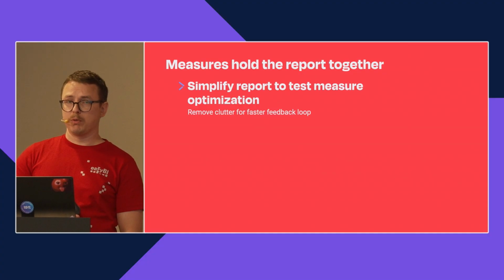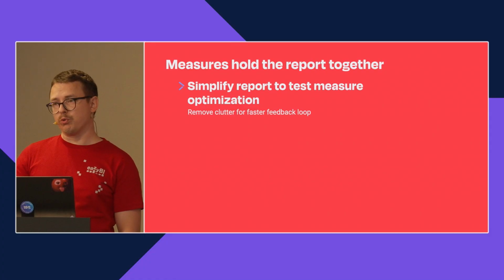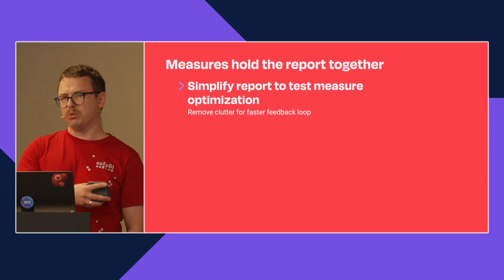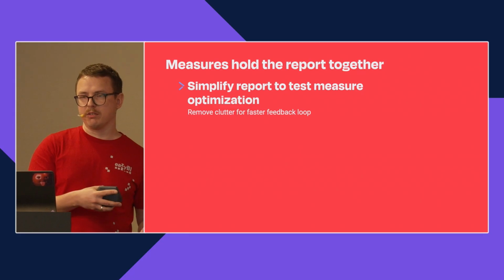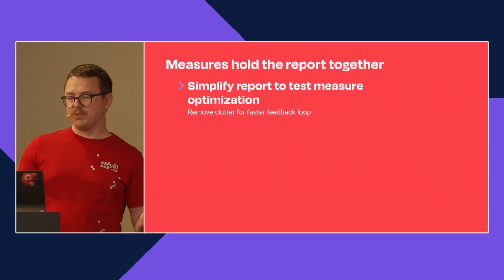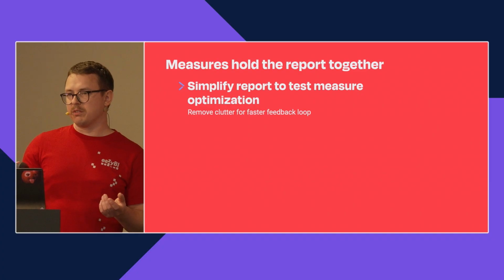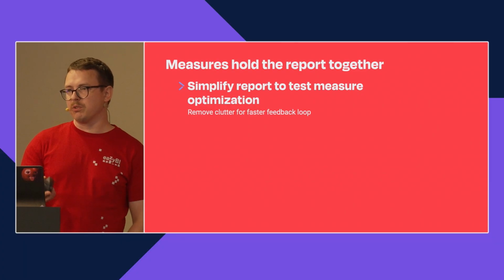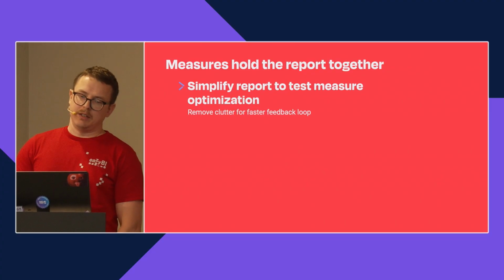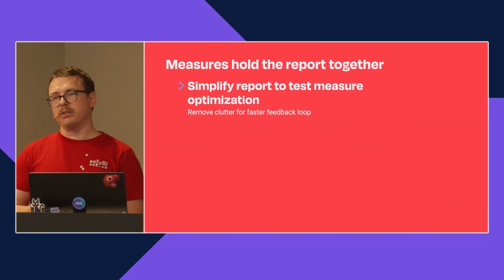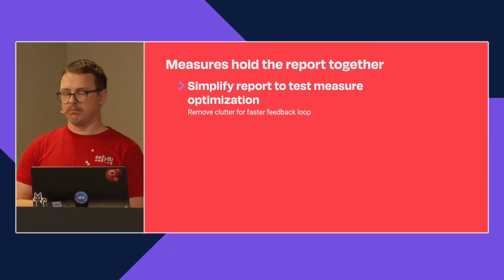Then try to simplify the environment in which you try to optimize the report. You would want a faster feedback loop to see if something is working or not. So you create a simpler report that loads a little bit faster. You can still see some differences, but you don't want to wait a minute every time you make an update.